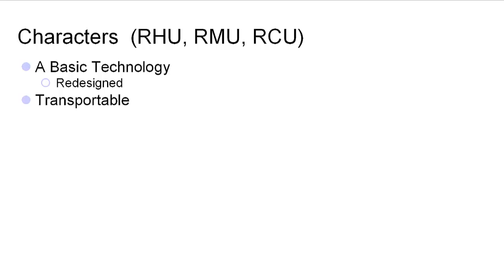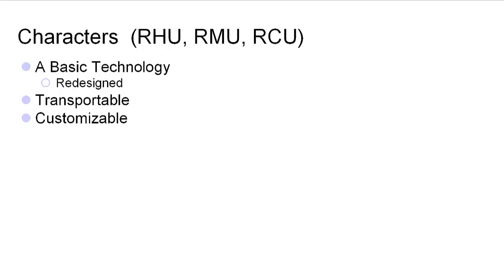And so the next change I'd like to see is in our characters. I'd like our characters to be a basic technology. Basic means that it's built in to the compiler. It should be transportable, so that when I create a document and create a new character, that character set goes with it.